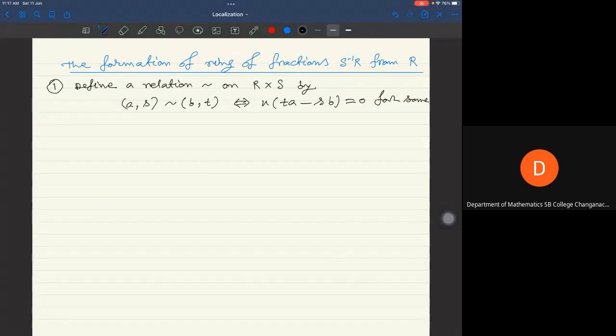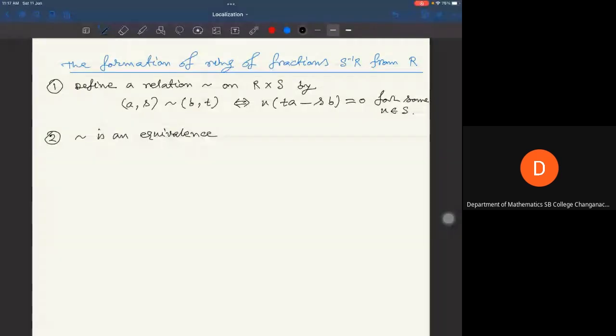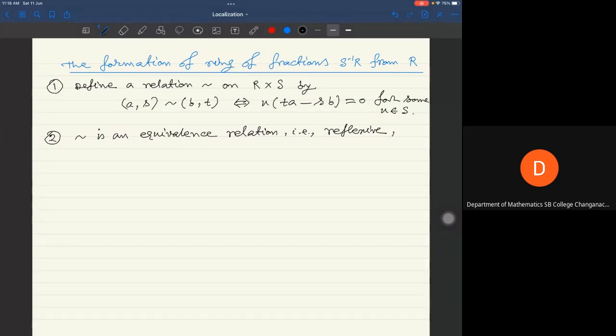Why we need this condition will be clear if you try to prove that this relation is an equivalence relation. It is reflexive, which you can clearly verify. Of course, it is symmetric, which can also be observed easily.